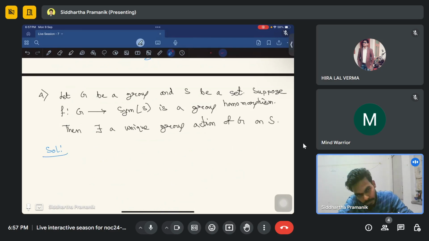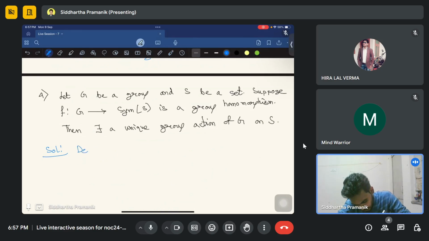Group action means a function from G cross S to S which satisfies two properties, right? So let's first try to give a function from G cross S to S.